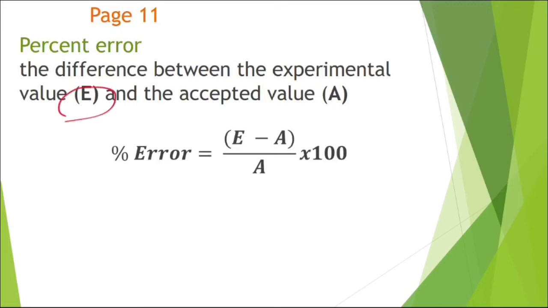We've got our E, which is our experimental value, our best attempt in the lab to get an answer, but it might not be perfect. And then we have the accepted or true value, which is our A. And so this percent error formula starts on top in these parentheses by having you subtract E minus A. We're finding the difference between what I got and what I should have gotten.